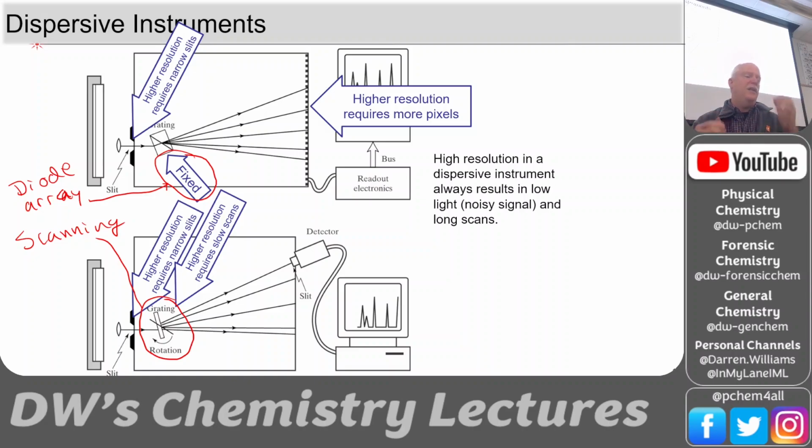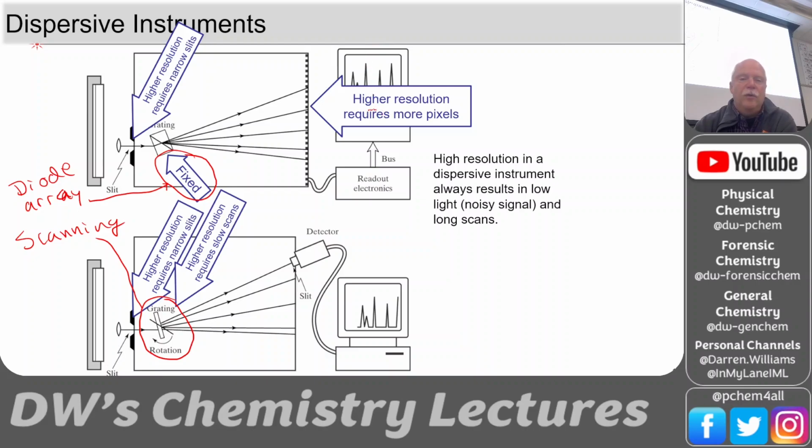And so now we can make these USB spectrometers that look like a USB drive with a fiber optic coming out. This is great for field studies. We make handheld Raman spectrometers now that use visible lasers that can go into the field and can be battery powered because of the camera technology. Those would all be diode array instruments.